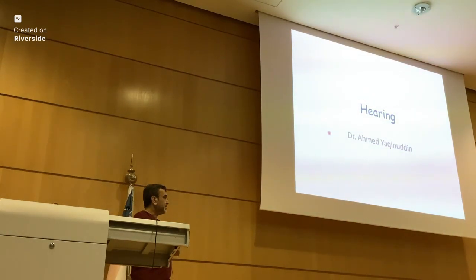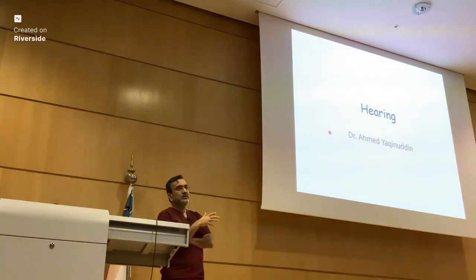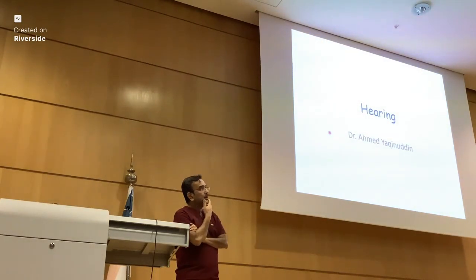With you already knowing the structure, it will be a little bit easier, a little bit of recap of things which you have learned in anatomy, but a deeper dive into the hearing mechanism.